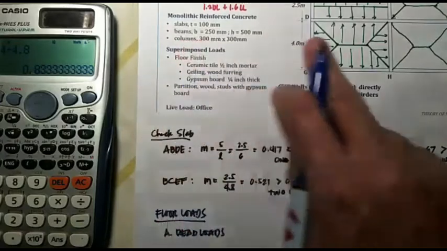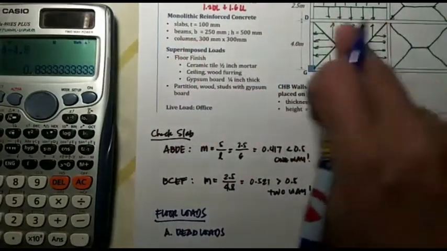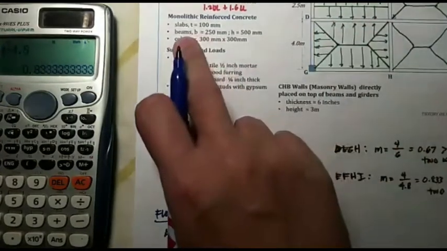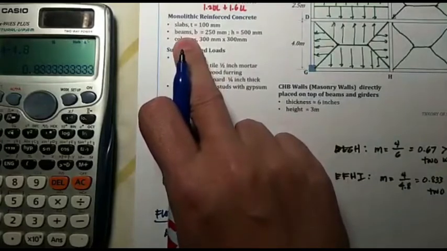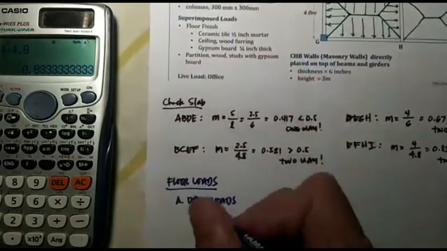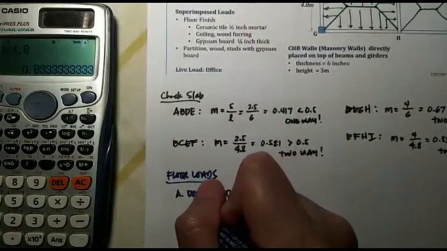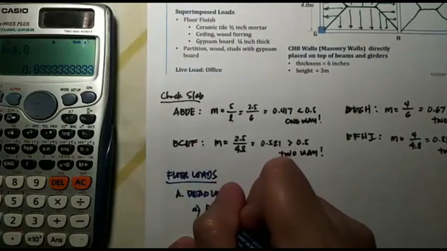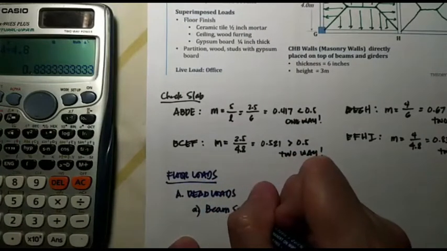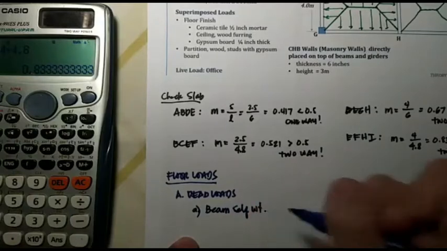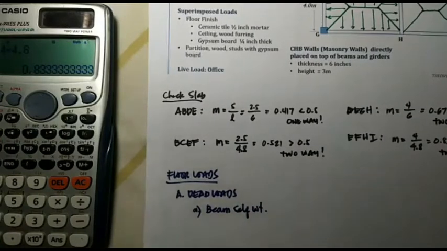Okay, so ano ba yung mga kinakarga ng mga beam? So let us consider the beam muna. Beams and girders. Siyempre may self-weight siya. Okay, so una. So let us consider beam self-weight. Okay, so what's the beam self-weight?